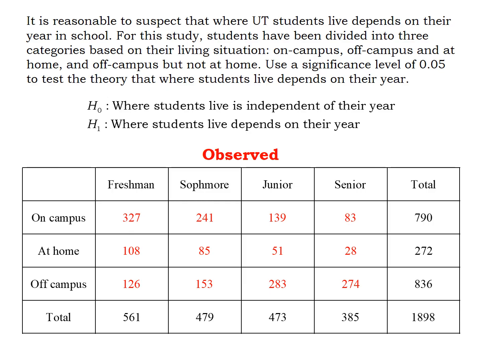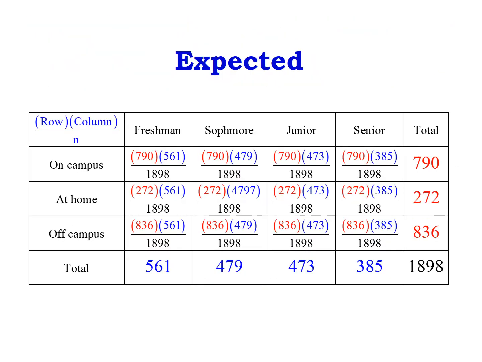Here's my data table from what we've observed. So we have a sample of 1,898 students and a breakdown of their living status based on what year in school they were. I've copied over the row totals and the column totals. Then we're going to calculate each of our expected values by doing our row total times the column total over n.